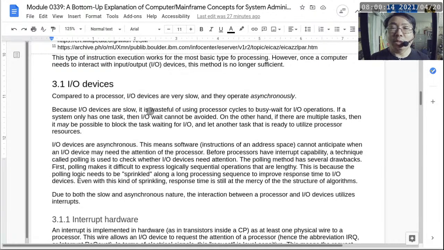It was okay because PC-DOS was not a multitasking or multi-threading, using today's terms, type of operating system. It can only run one application at a time, and within that application, it can only do one thing at a time. So it was okay to use this method to interact with I/O devices.